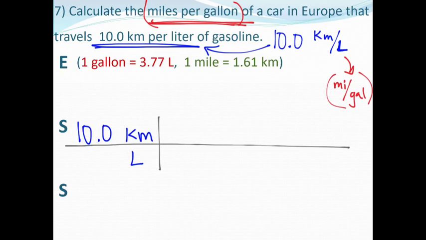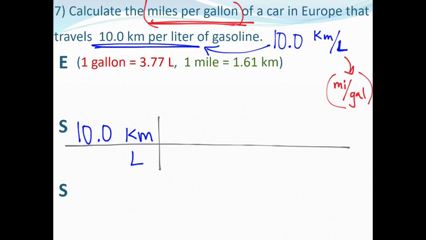Because even though they're combined together with that value, we can't convert both of them at the same time. We can't cancel both of them out at the same time, so they shouldn't be in the same space. So the line separates the top from the bottom, even if it looks kind of left to right. km/liters is km over liters. And that's all we really need to do that's different.